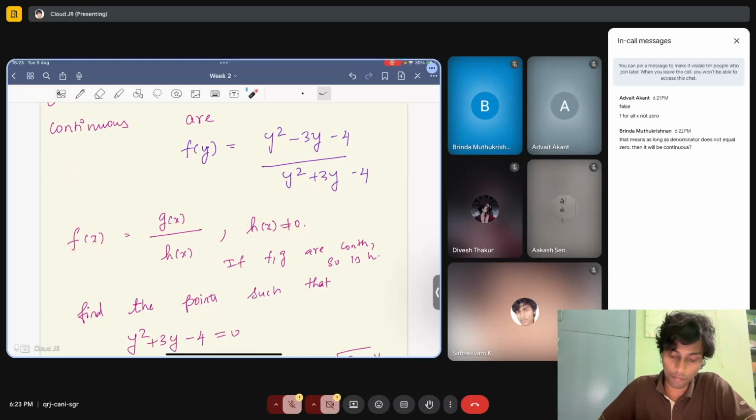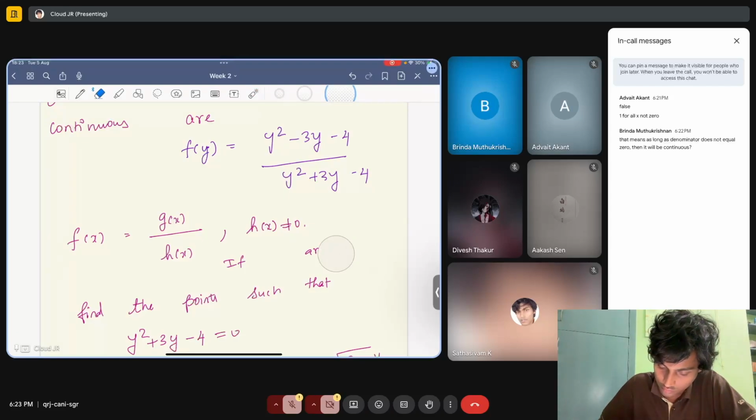So we are not able to define the function when the denominator is 0. We ignore those points, and at all points where the denominator is not equal to 0, the function f is continuous. Oh, sorry, I have written it wrongly here.